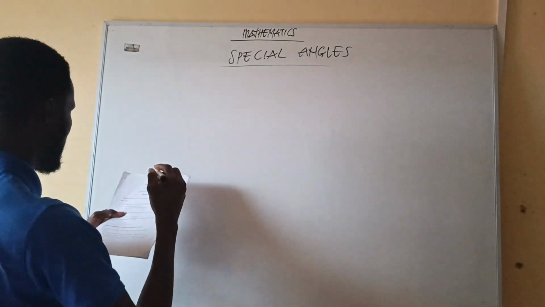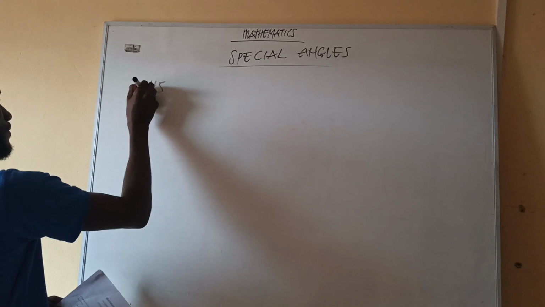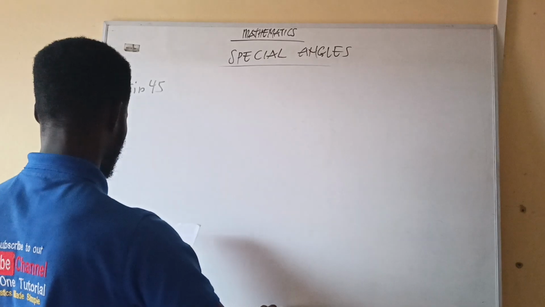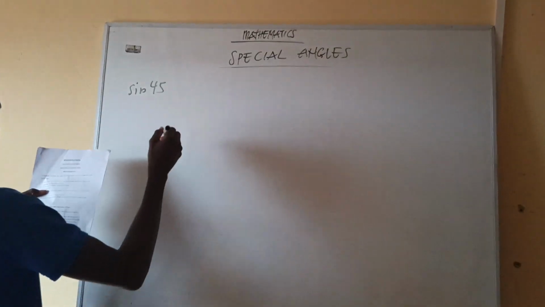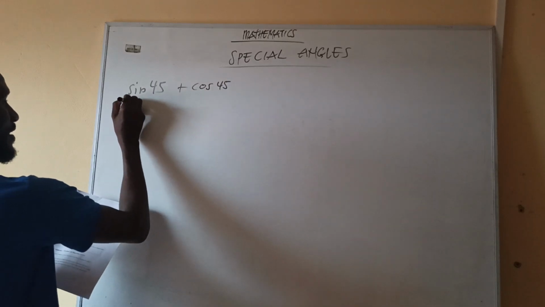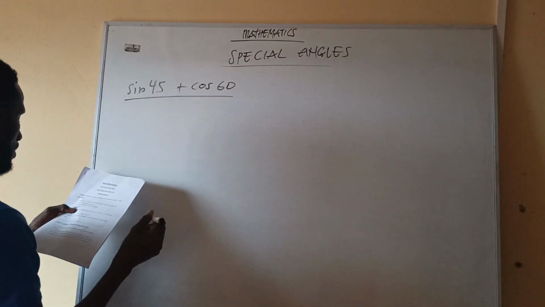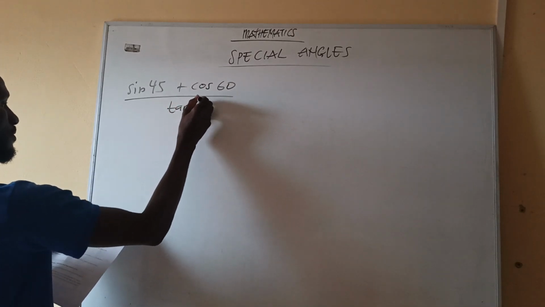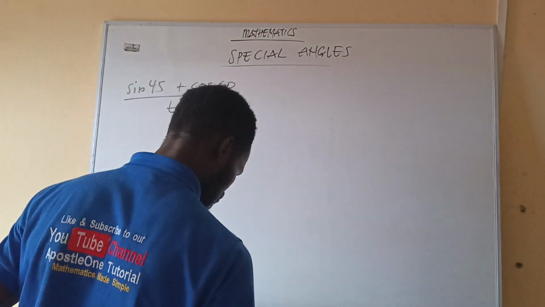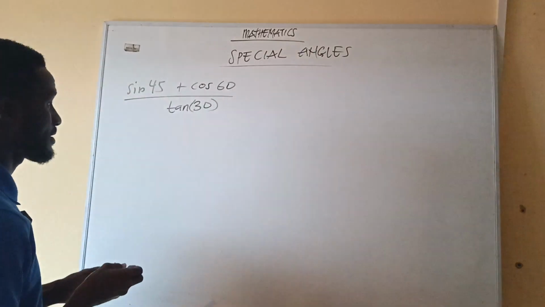We are going to simplify the expression sine 45 plus cos 45 divided by tan 60 divided by tan 30.